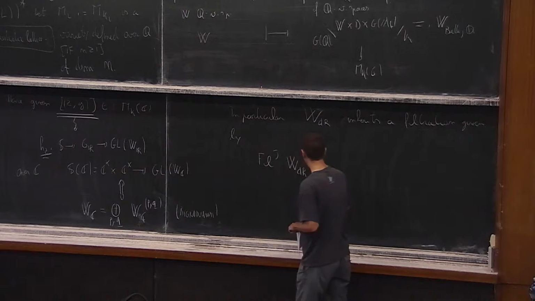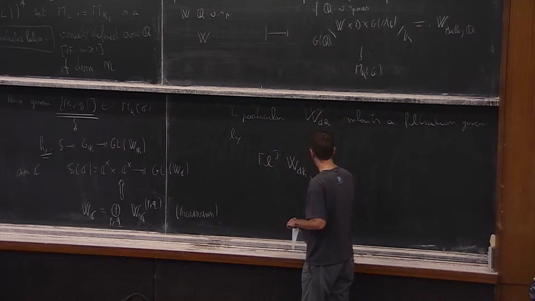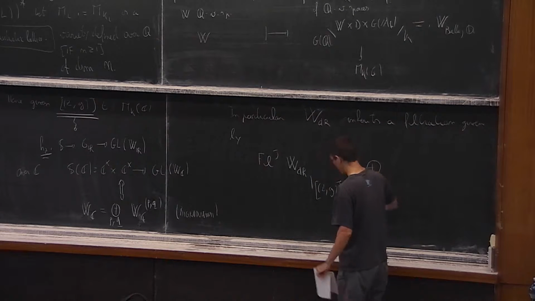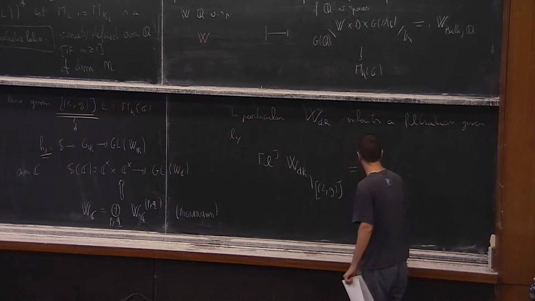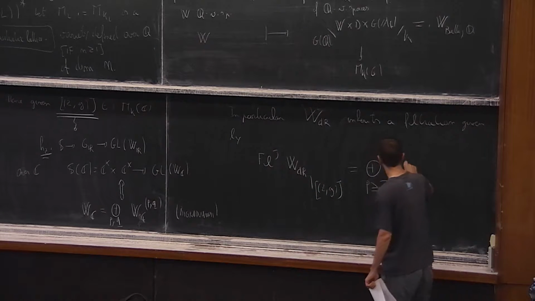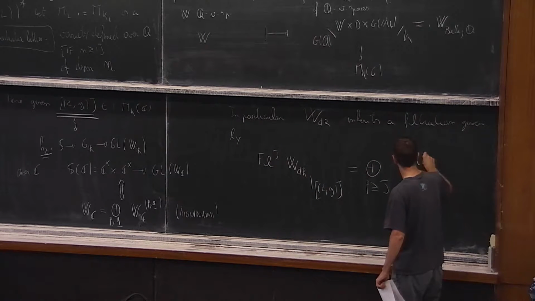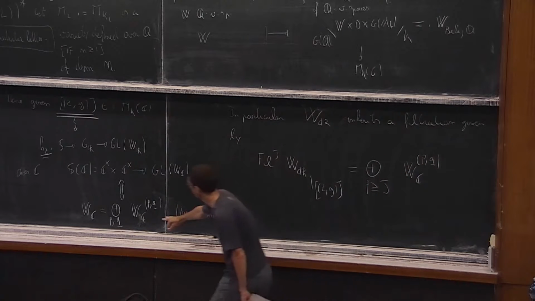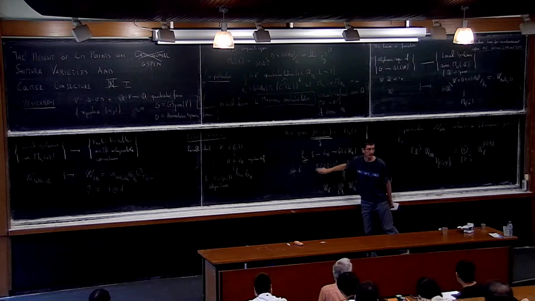I give you the fiber over a pair Z, g. This is simply the sum over all indices p bigger or equal to J of the bigraded objects that I've defined associated to my Z.